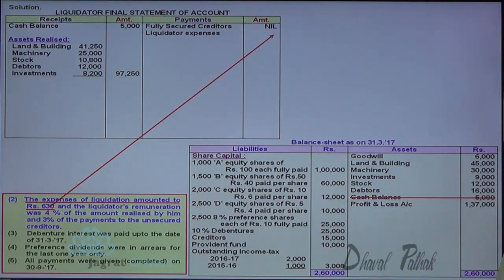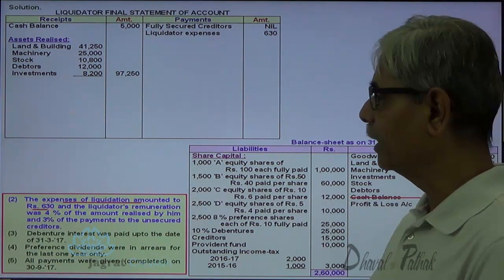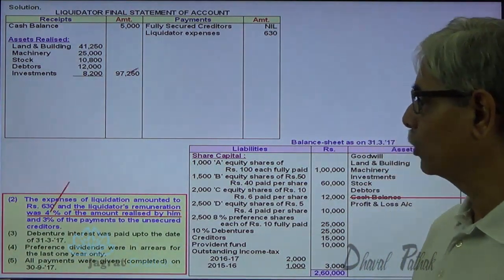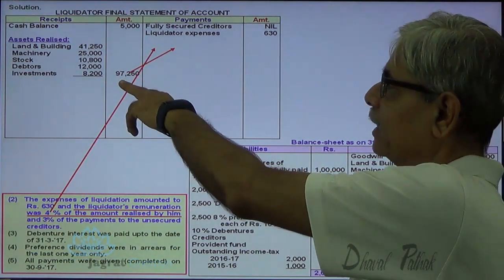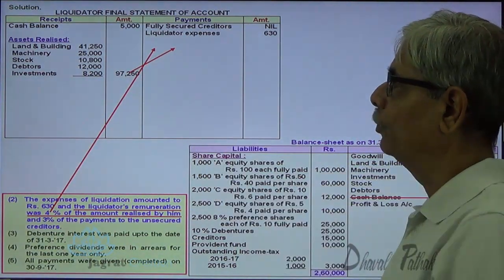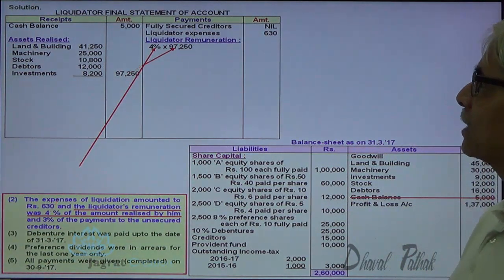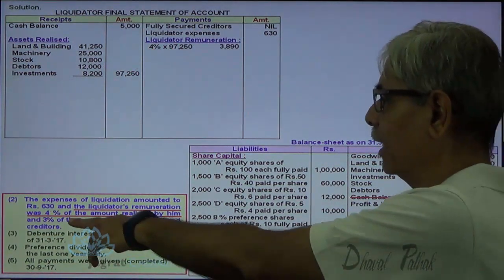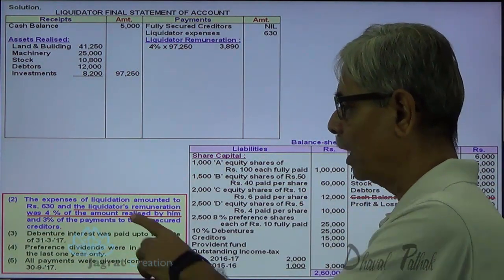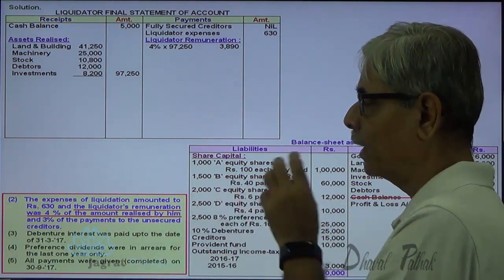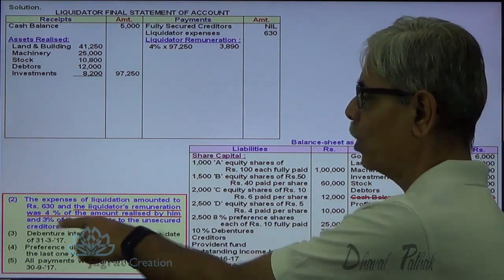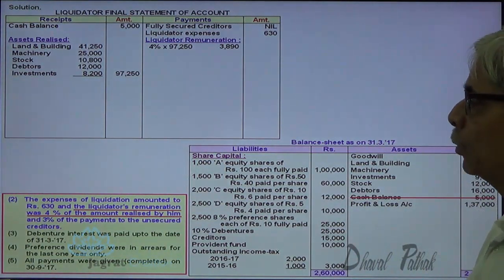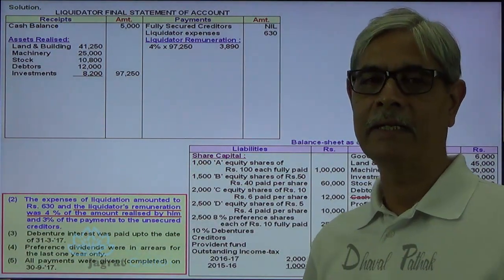So liquidation expenses are 630. Liquidator's remuneration is 4% of the amount realized from assets, so 97,250 into 4% is the remuneration to be paid. Over and above, he is entitled to a remuneration of 3% of the payment to the unsecured creditors.